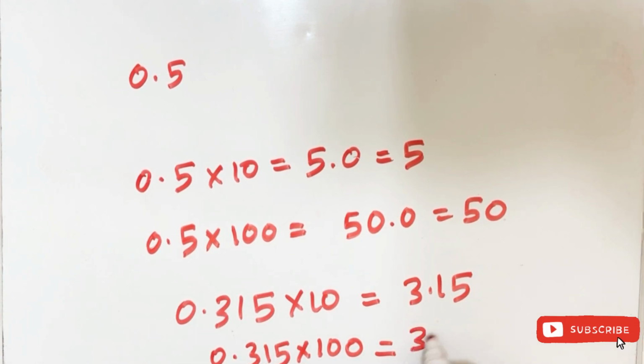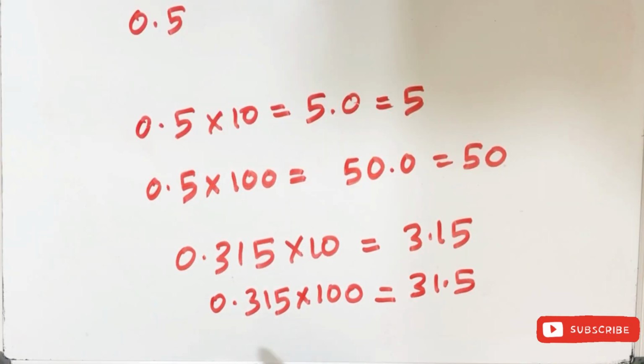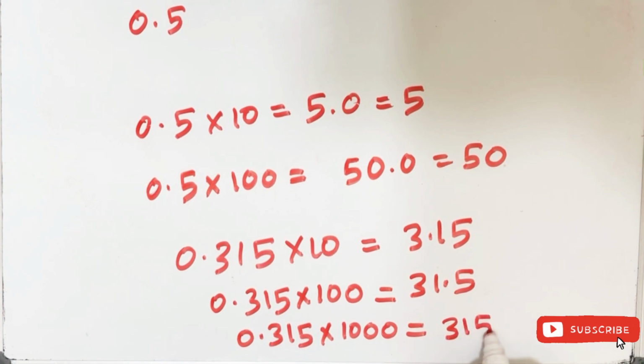That is 31.5. If I multiply 0.315 by 1000, see how many zeros are there in 1000? 3 zeros. So the decimal point will move 3 places to the right. That is 315.